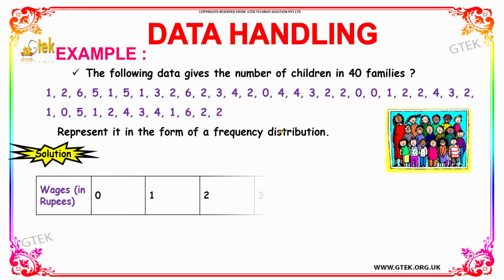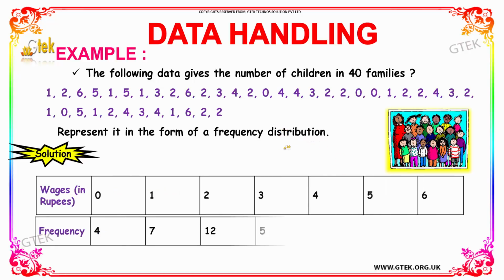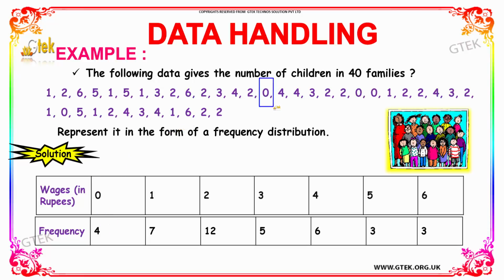So how to do that? So this gives the wages in rupees. So there are a total of 4 children who are getting their wages to be 0.